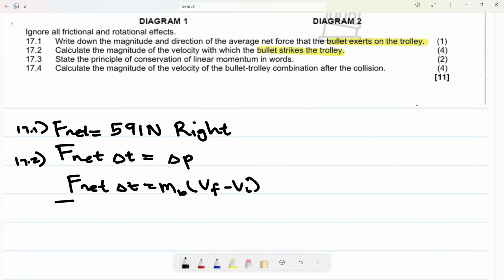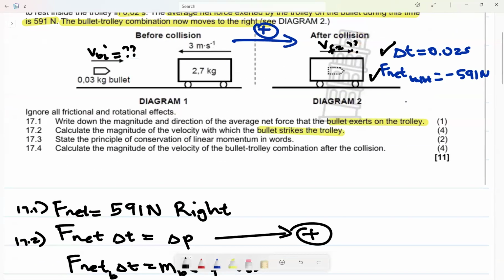But now the force that the bullet experiences, how much is it? It is 591. But remember the choice of direction: you chose right as positive. This will be the F net of the bullet because we are calculating for the bullet. Is it moving to the right or to the left?